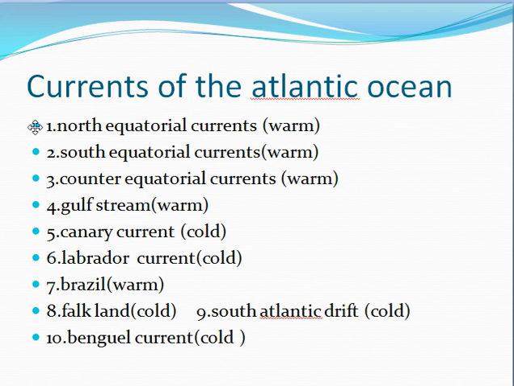In the Atlantic Ocean, the north equatorial current, south equatorial current, counter equatorial current, Gulf Stream, and Brazilian current are warm currents. The rest, they are the Canary current, Labrador current, Falkland current, South Atlantic drift, as well as the Benguela current, are cold currents.